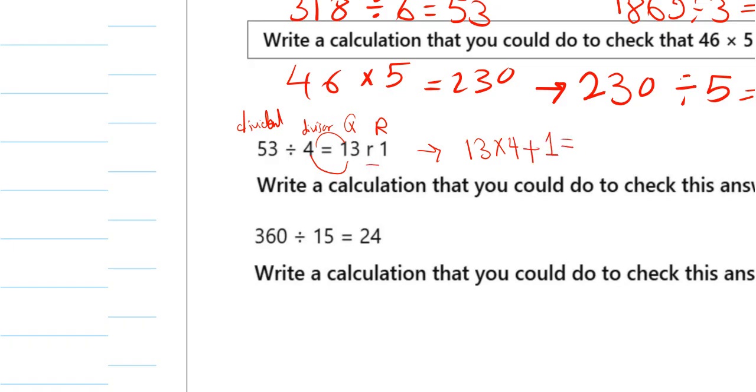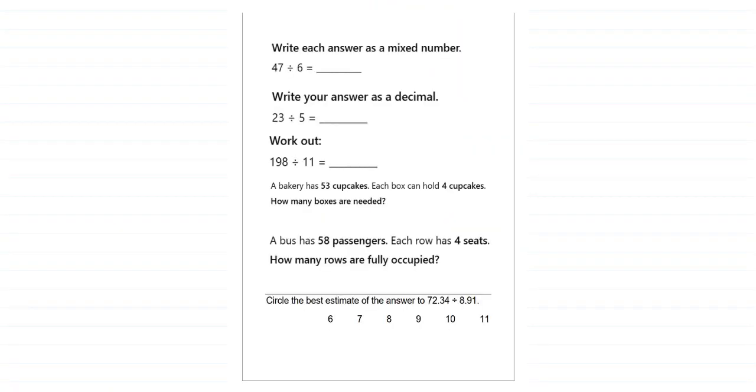The final answer will be the dividend. Like that, you can check the calculation. In case you don't have any remainder, just multiply the divisor times the quotient. 15 times 24 gives you 360. Here is the calculation that you can check the division problem.